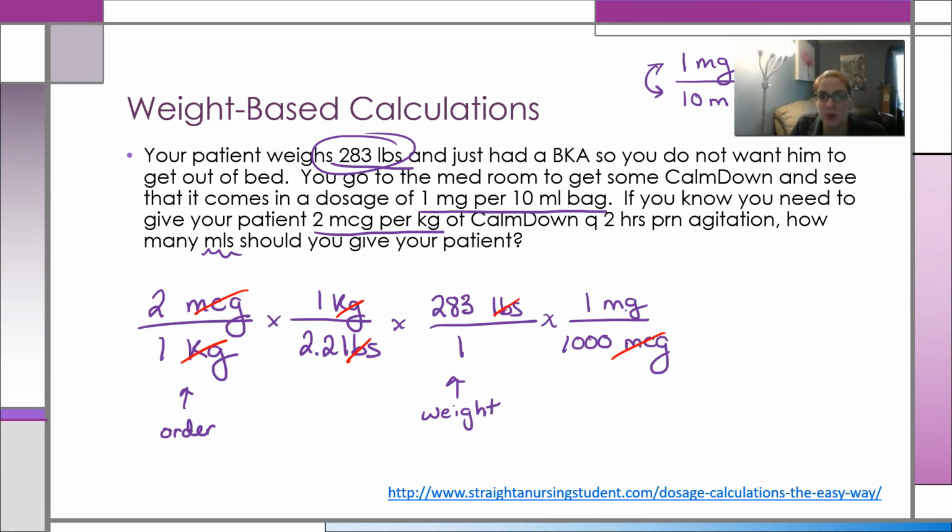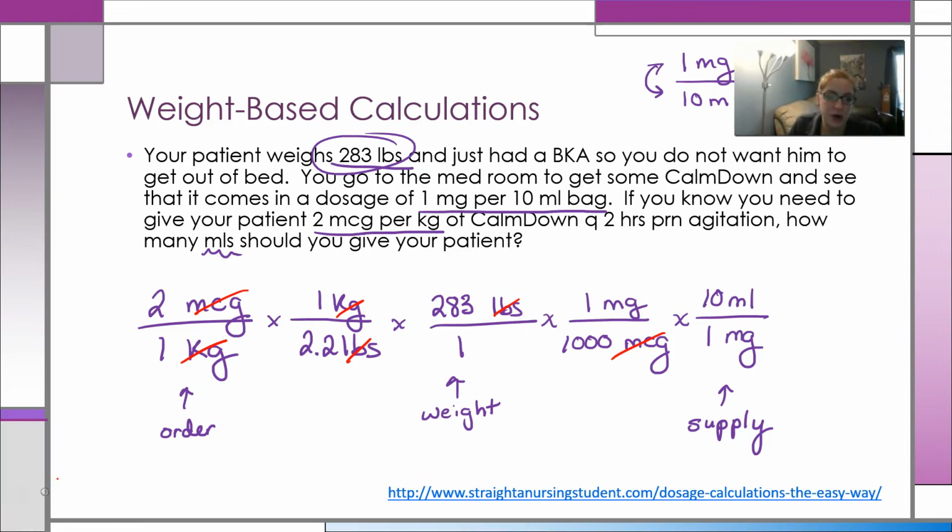Now we are left with milligrams, which we need to multiply by our supply, because we haven't done that yet, right? We have our order, we have our weight. We still have to multiply by our supply, which is 1 milligram over 10 milliliters. Now I need to flip that because I need my milligrams to go on the bottom to cancel, and the 10 milliliters go on top.